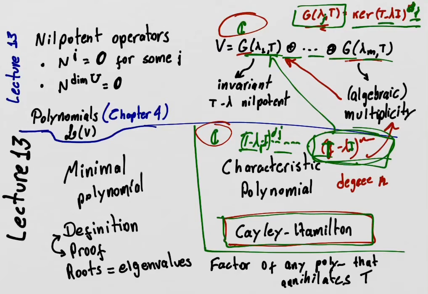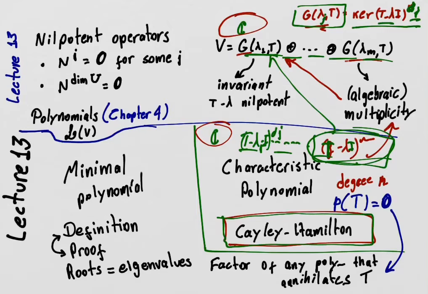And the connection between minimal polynomial and characteristic polynomial is very subtle and very narrow. Basically, Cayley-Hamilton theorem says that the characteristic polynomial applied to the operator gives zero, and therefore the minimal polynomial has to be a factor of the characteristic polynomial.